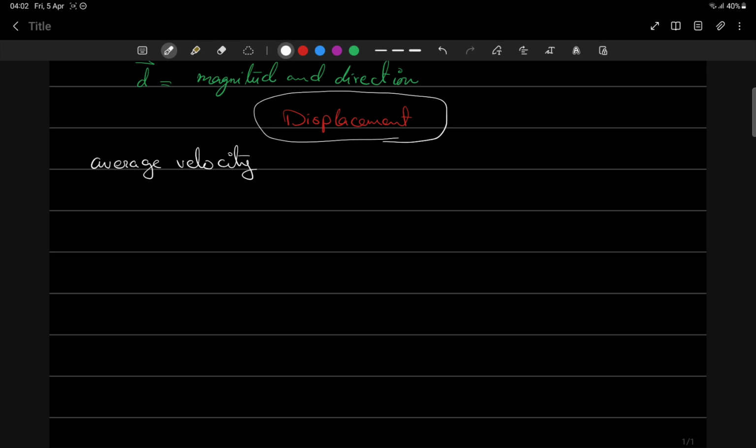And so, if you take the difference in displacement divided by the difference in time, this will give you average velocity. And average velocity is a vector quantity, which means it has a direction as well as a magnitude.